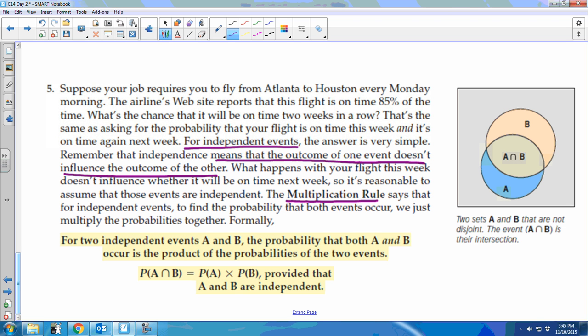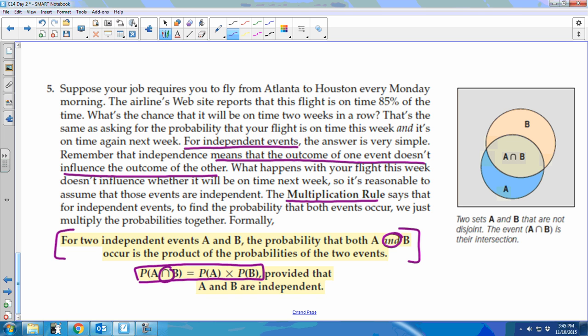They're not disjoint, but you're looking for the intersection. So two independent events, that means and. You want something and something else to happen. Since you're looking for something and something else to happen, there has to be overlap, that both of those happen together. Then you can multiply the probabilities.